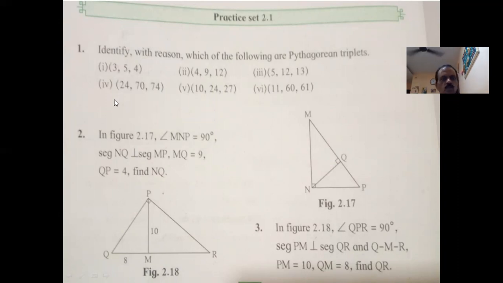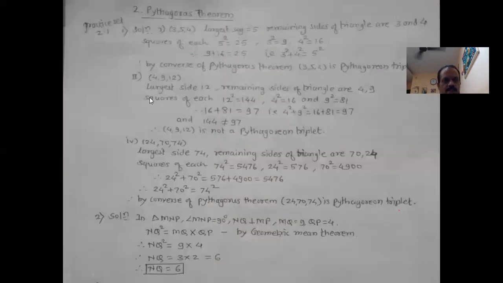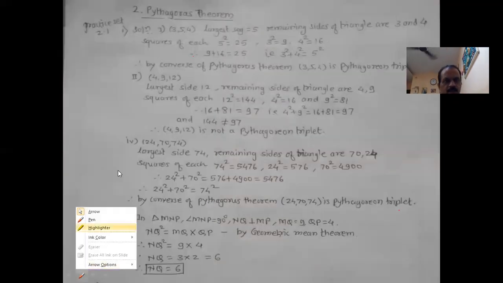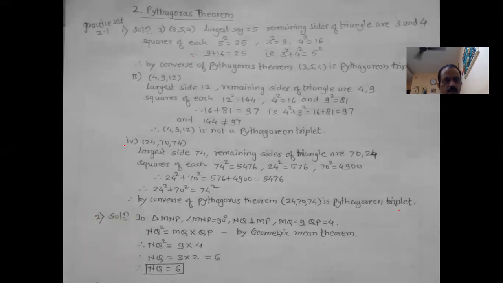Now we solve the fourth example: 24, 70 and 74. The answer is like this. Here the largest side is 74. The remaining sides of the triangle are 70 and 24. Now the square of each: 74 square is equal to 5476, 24 square is 576, whereas 70 square is equal to 4900.